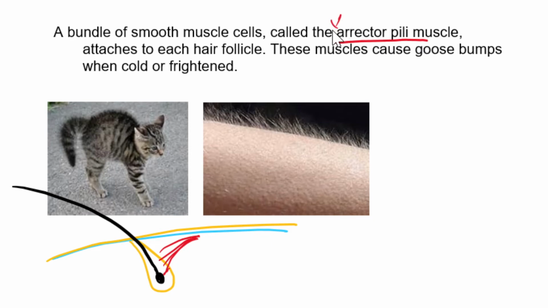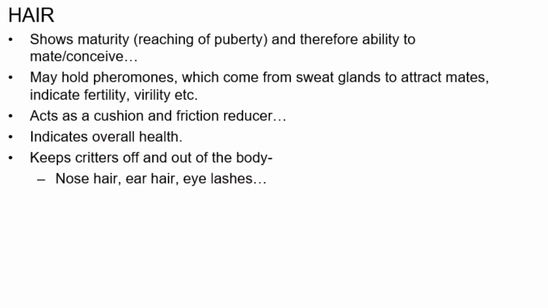Erector, not E. What it does is it pulls that hair this way, and then you end up like this guy or like this. It happens when you're cold or frightened. It's a sympathetic response, so it's kind of a good one to have. It also holds air in between the hairs, so you can basically insulate.